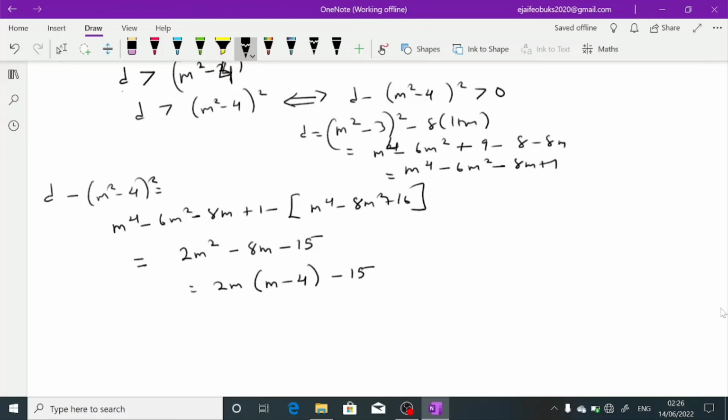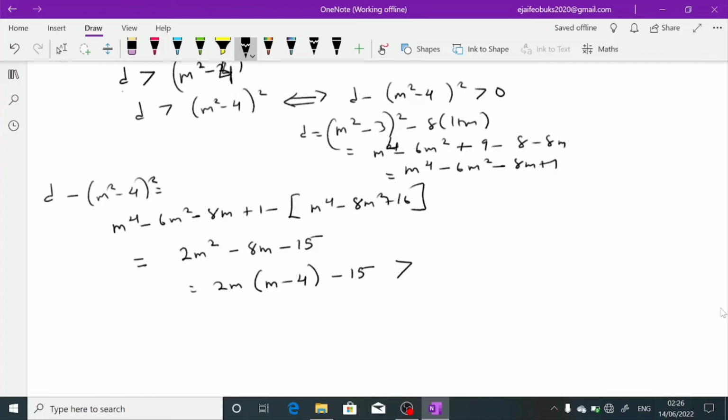okay, might be a little small. And this is greater than, let's see, when is this positive?